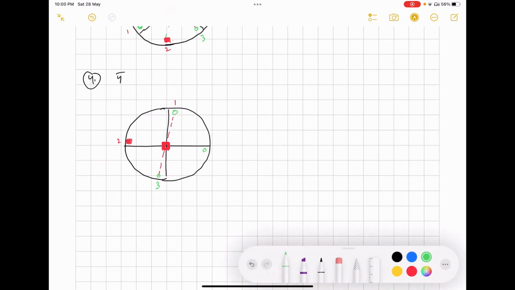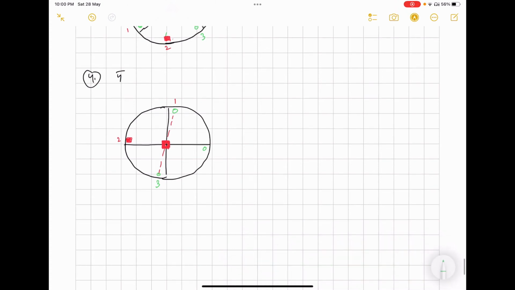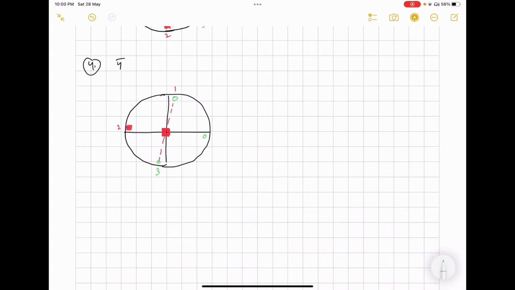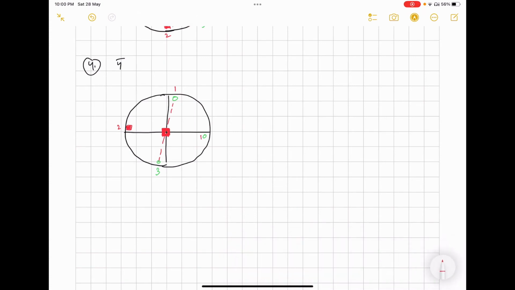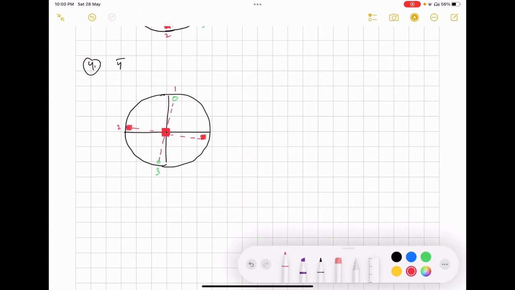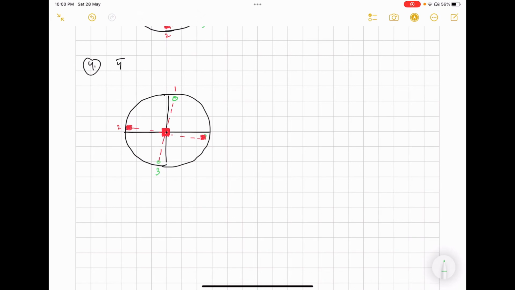Now after 90 degrees of rotation, point 3 reaches the location of point 2, and then after inversion, it reaches here, and this after a rotation of 90 degrees reaches the location of point 3 and after inversion becomes incident with this. So this is point 4.